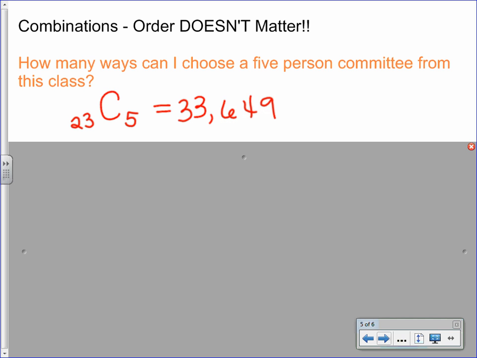Okay. Now, if order was important, would that number be higher or lower than this? Find it. Find 23 permutations of 5.